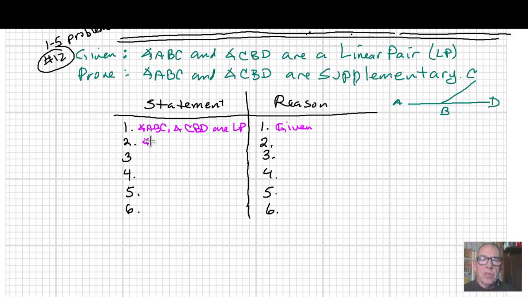angle ABC plus angle CBD equals a straight angle. And this would be angle addition postulate.